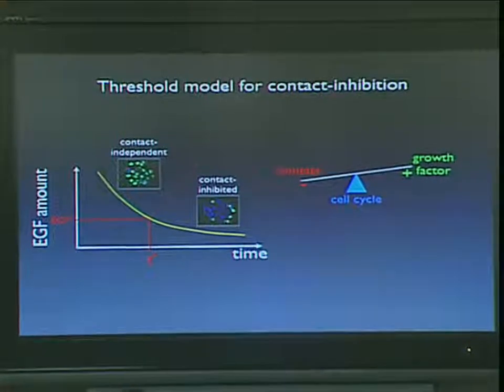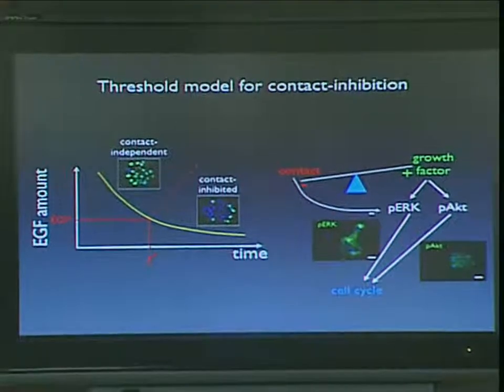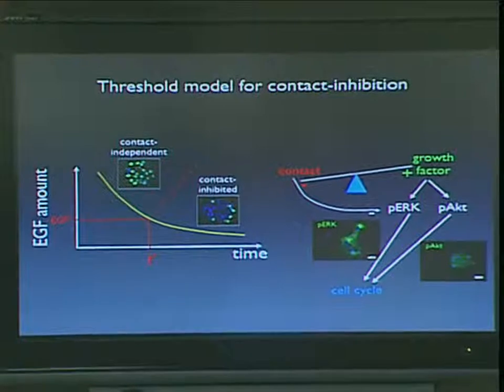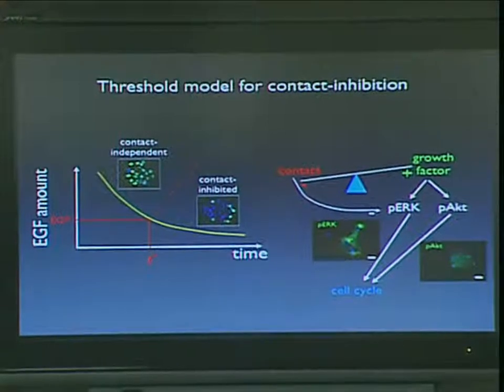And to cut through a couple of different experiments, we looked at pathways that might be mediating this phenomenon. So we know that growth factor triggers various intracellular pathways, MAP kinase, AKT, that control the cell cycle. And so one can ask, at this point in the situation, when you have contact inhibition, which of these pathways, or perhaps all of these pathways, become impeded and are not able to function properly.